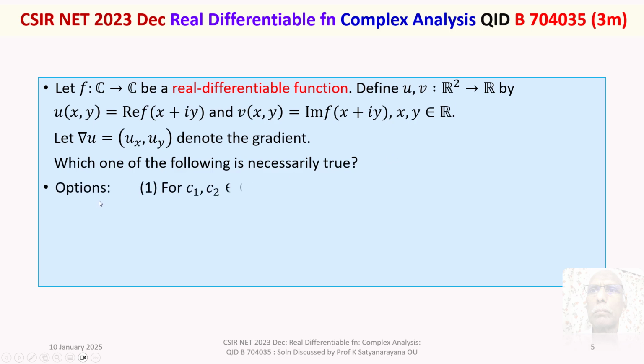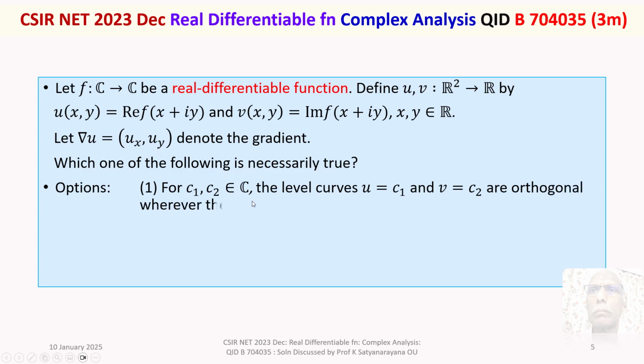We are given 4 options. Option 1: for C1, C2 belonging to the set of complex numbers, the level curves u is equal to C1 and v is equal to C2 are orthogonal wherever they intersect. Option 2: grad u dot grad v is equal to 0 at every point.